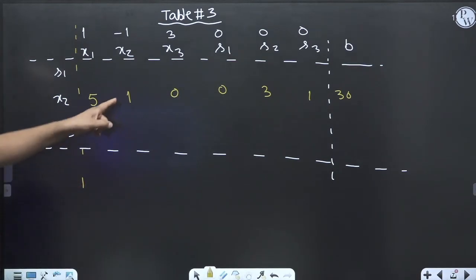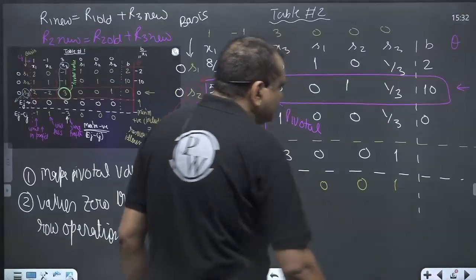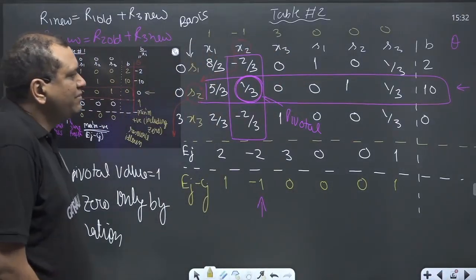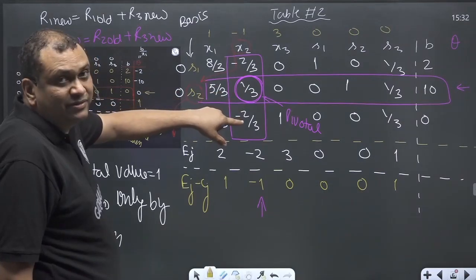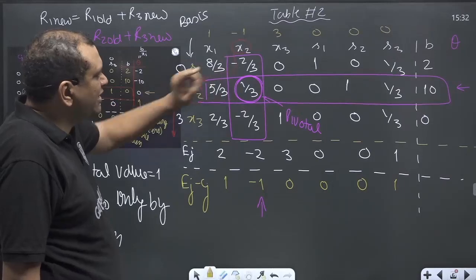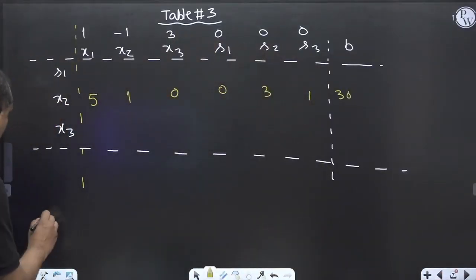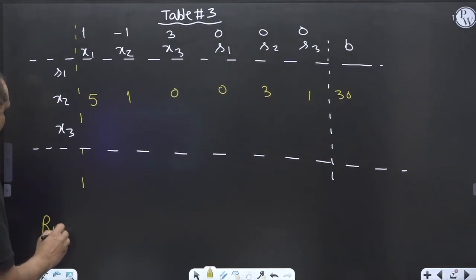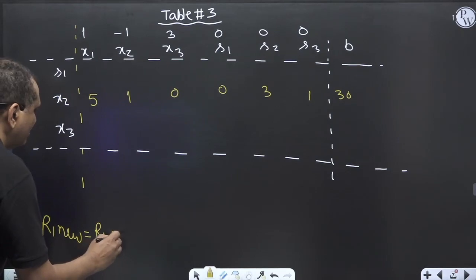So now this was the pivotal value. What is my next step? Make all the values above and below 0. So this is minus 2 by 3. R1 new is nothing but R1 old.